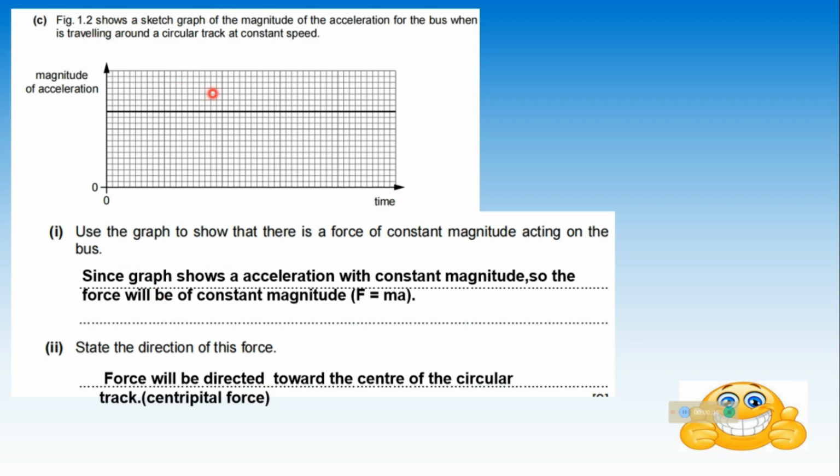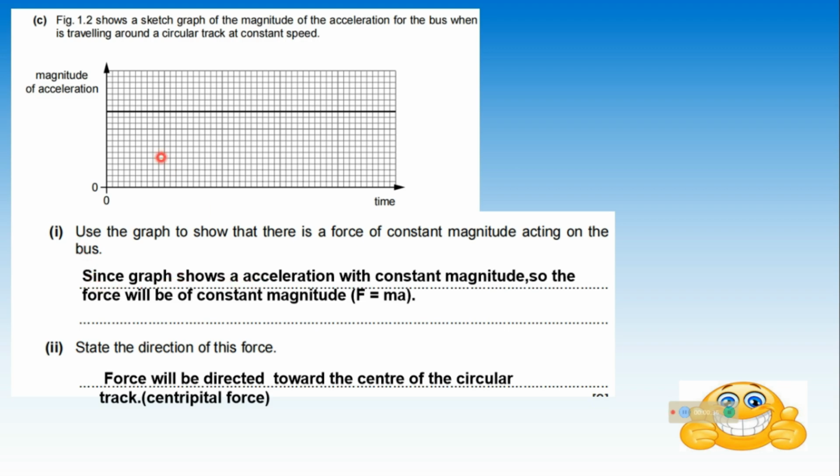This figure shows a sketch graph of the magnitude of the acceleration for the bus when it is traveling around a circular track at constant speed. The speed is constant and the bus is traveling around a circular track. The magnitude of acceleration is constant with time. Use the graph to show that there is a force of constant magnitude acting on the bus.